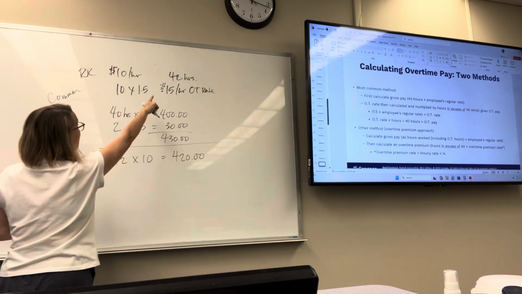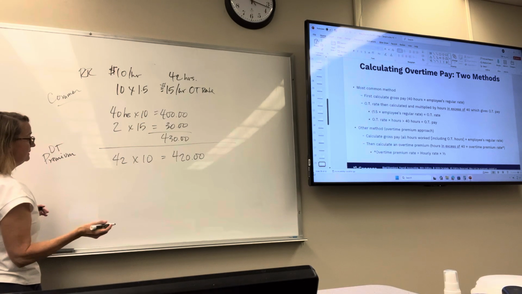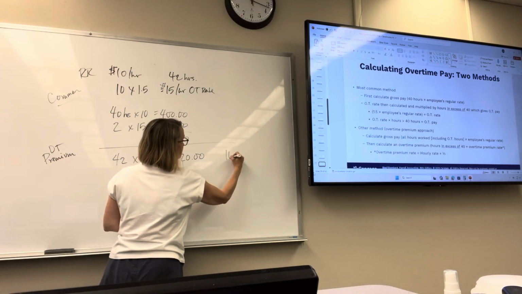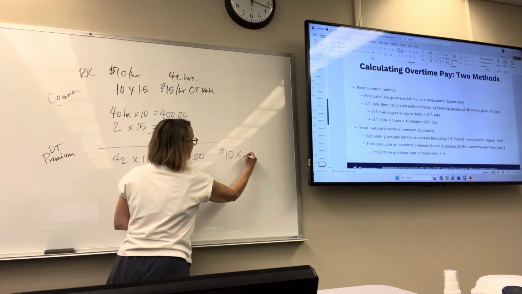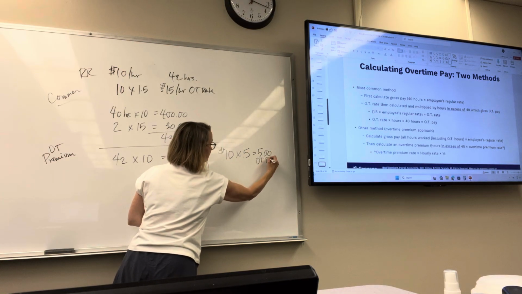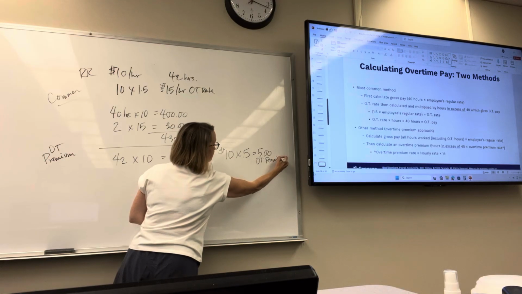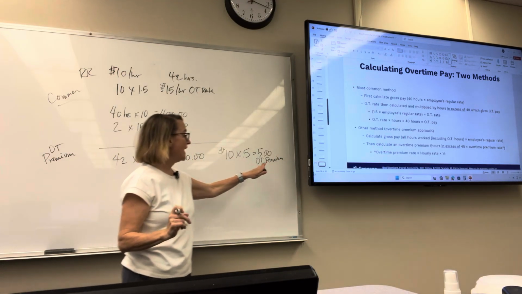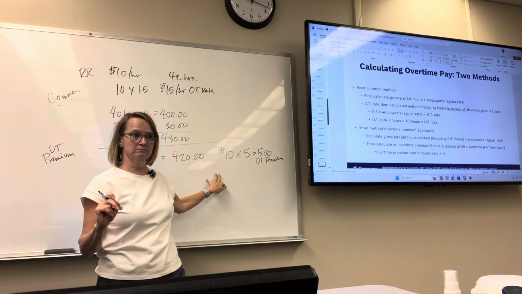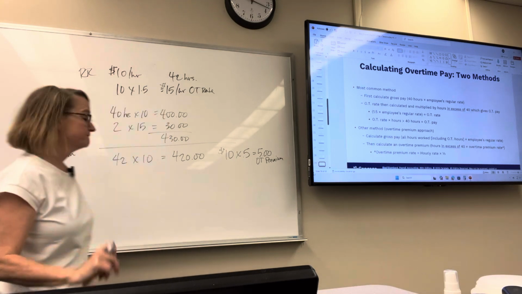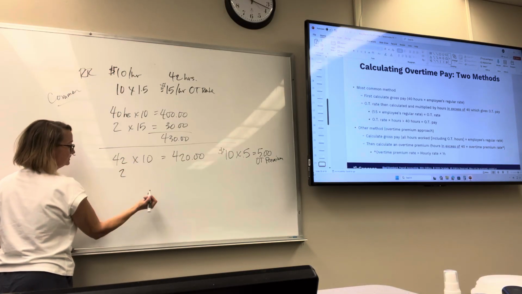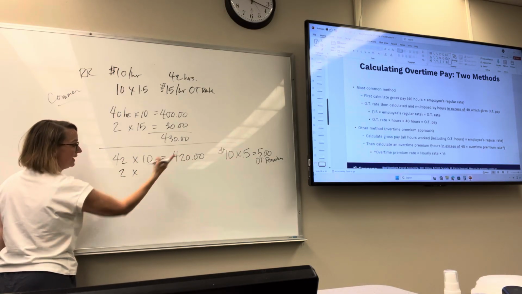So to figure out what our overtime premium is, we're going to take our regular rate and multiply it by 0.5. This is our overtime premium. This means that we are making an extra $5 per hour when we work overtime. Then we're going to take our 2 hours of overtime and multiply it by our premium rate.